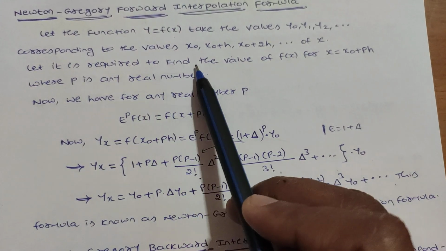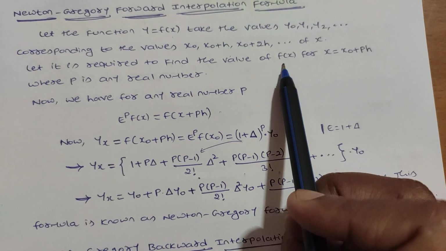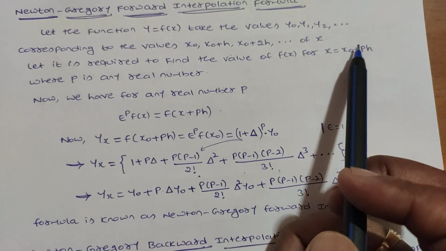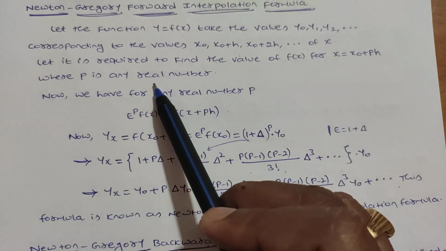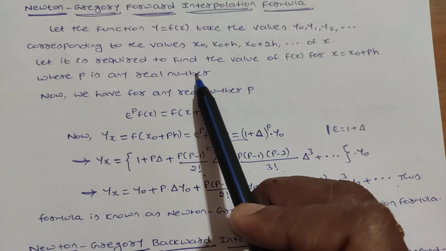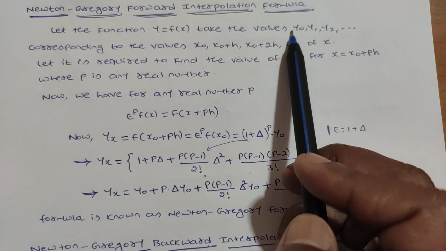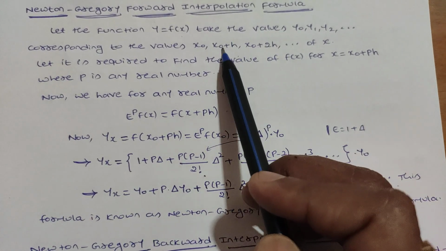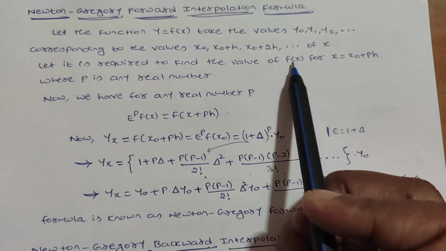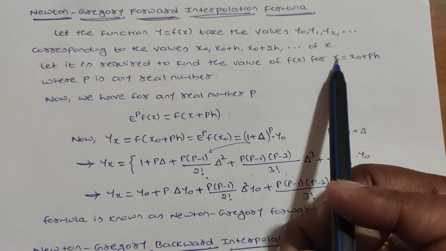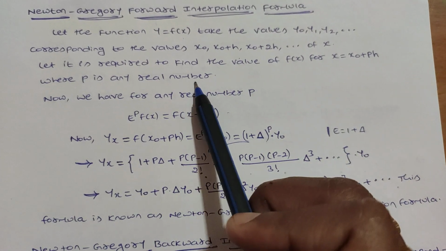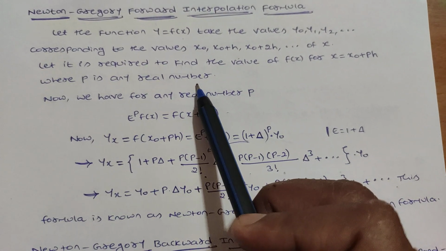We require to find the value of f of x for the value x equals x0 plus ph, where p is any real number. By considering the data of y and x, we require to determine the value for x equals x0 plus ph, where p is any real number.